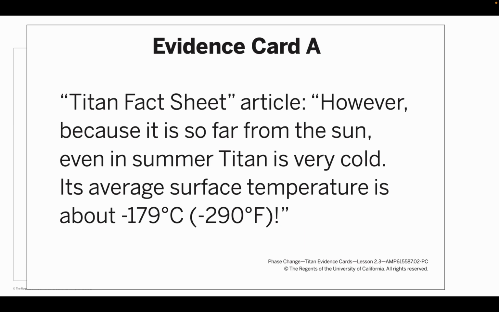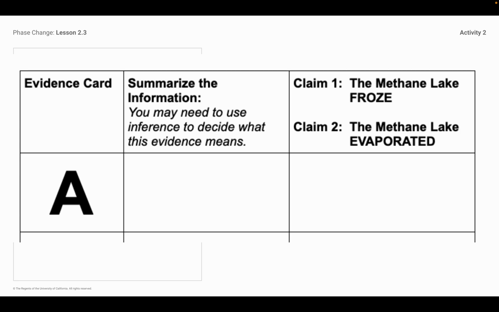It says, however, because it is so far from the sun, even in summer, Titan is very cold. Its average surface temperature is about negative 179 degrees Celsius, negative 290 degrees Fahrenheit.